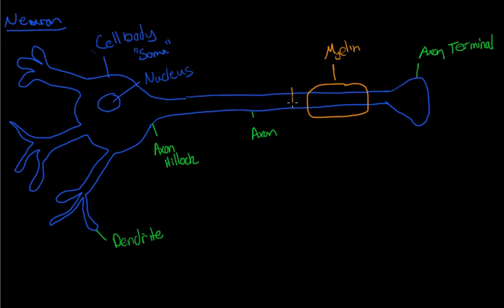And I'll draw a second one here. Myelin. And what that's going to create is this node of Ranvier. And that's going to be the gaps between these individual myelin units.